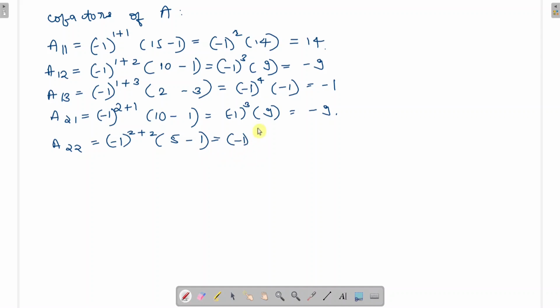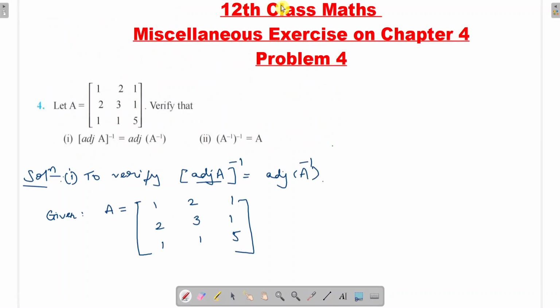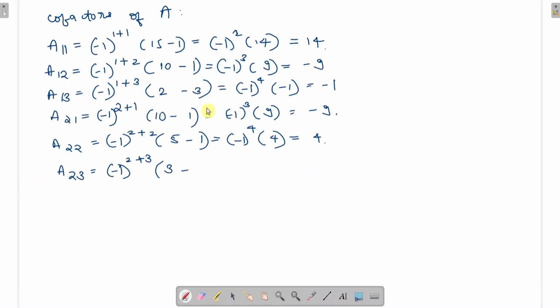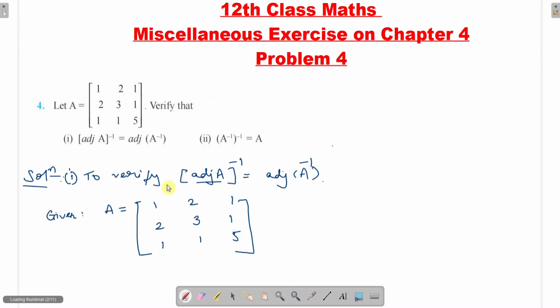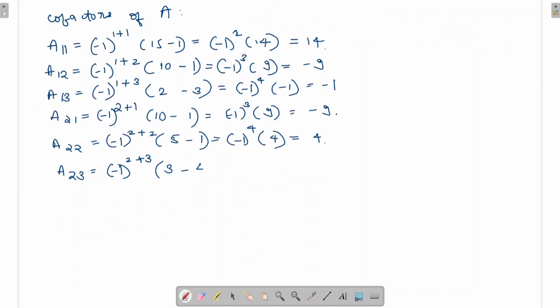So minus 1 raised to 4 times 4, which is 4. Then A23, so minus 1 raised to 2 plus 3. Then 3 times 1 is 3 minus, so 3 times 1 is 3 minus 4, which is equal to minus 1 raised to 5 times minus 1, which is nothing but 1.